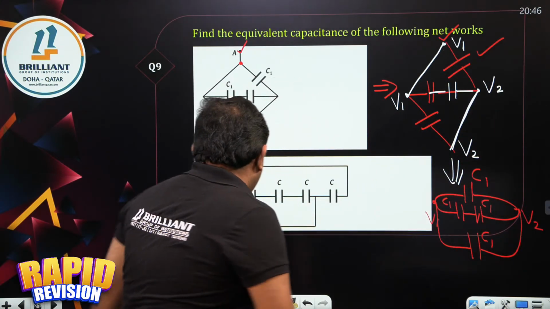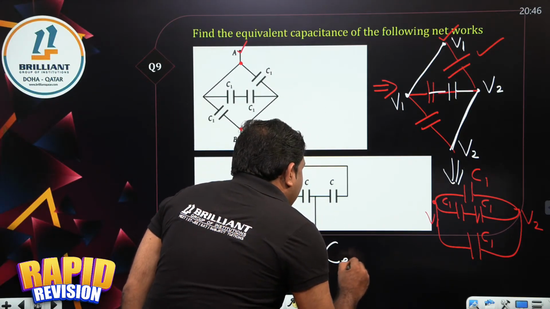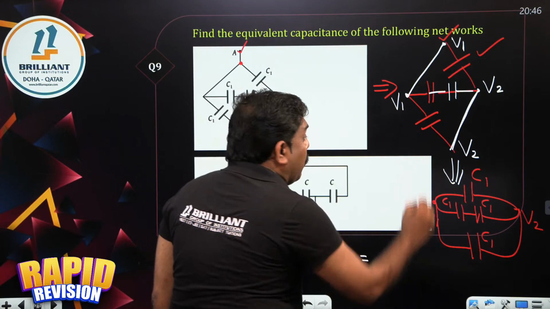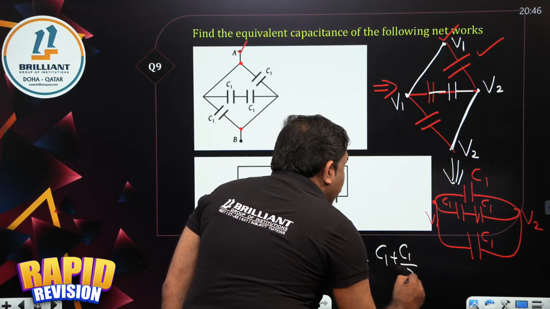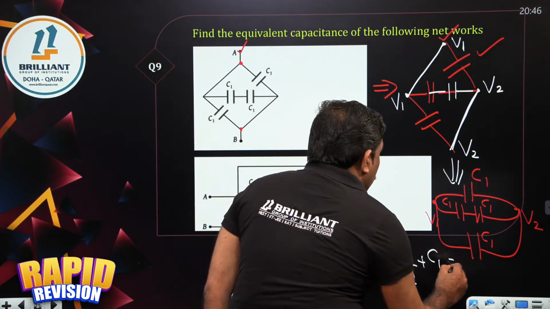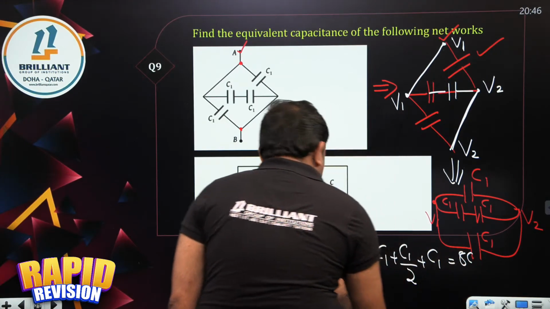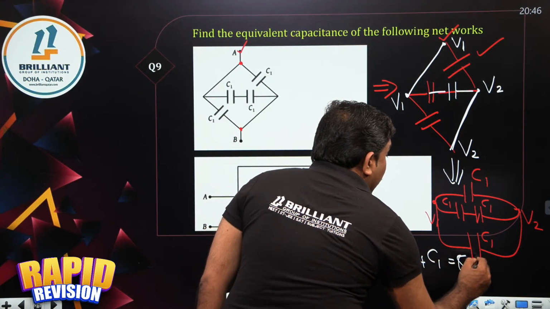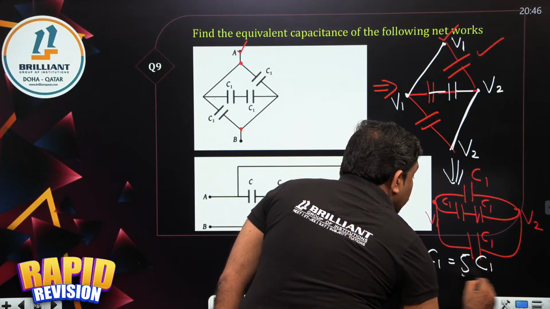So what is the equivalent capacitance now? The equivalent capacitance for the first network is equal to C1 plus C1 by 2 plus C1. Simplifying, that is 5 C1 by 2.